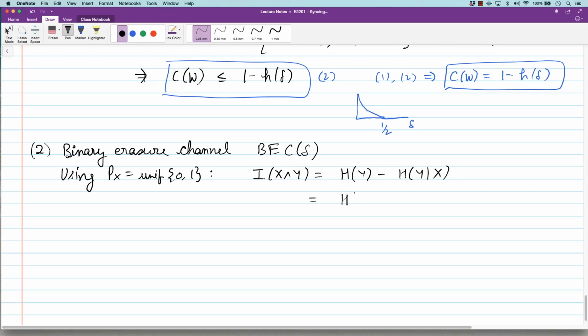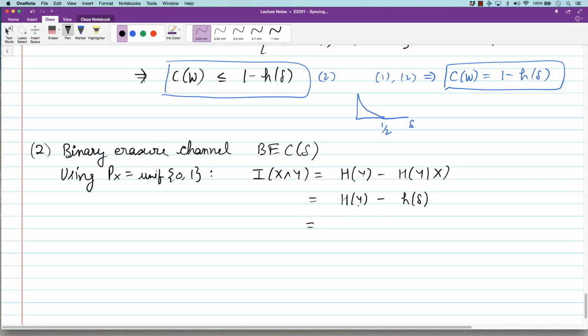When x is 0, y will take the value 0 with probability 1 minus delta, and erasure with probability delta, and similarly for x equal to 1. So this becomes h delta.